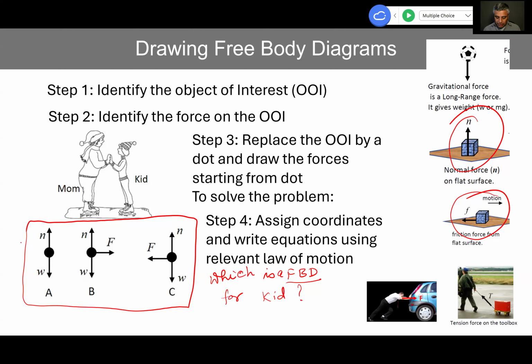Okay. So there is a question. I'm going to open the poll and go ahead, choose one, and you have a minute for that.